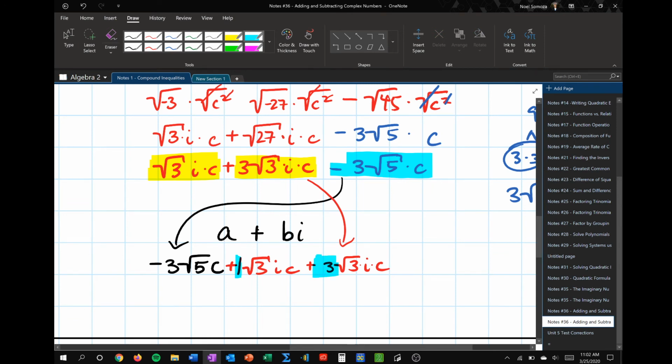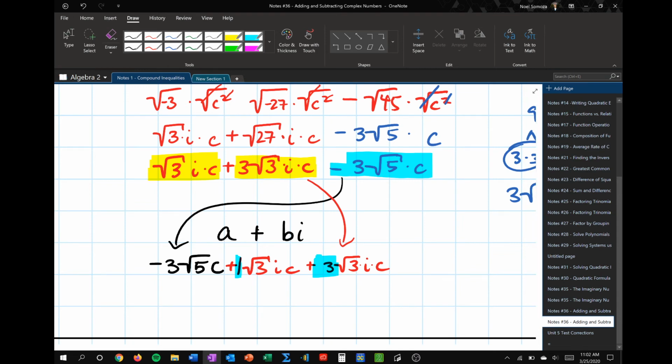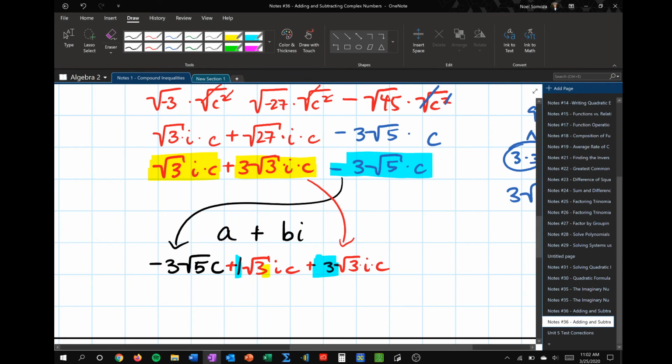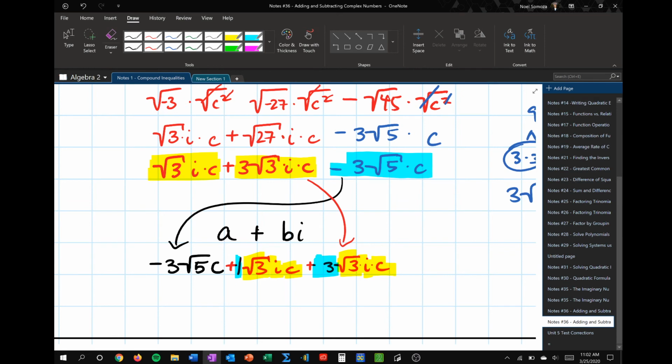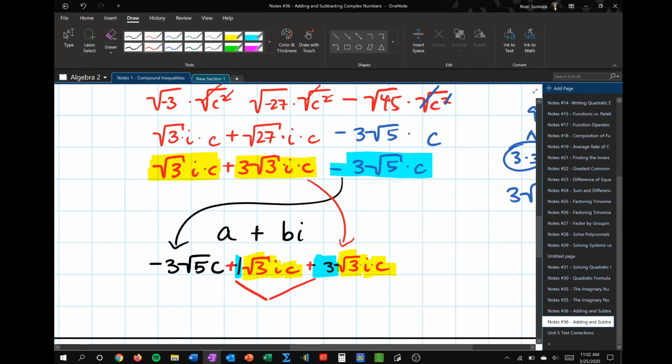Do they have the matching tail? Do they have a matching variable? Remember that everything has to be the same. So do they all have square root of 3? Yes. Do they both have i? Yes. Do they both have c? Yes. Okay, so then because they all have the square root of 3 ic, I can then combine the 2 coefficients, the 1 and the 3, making it 4 root 3 ic.